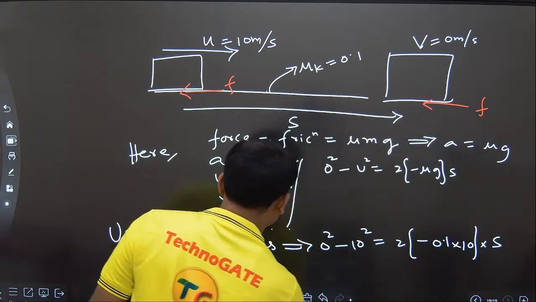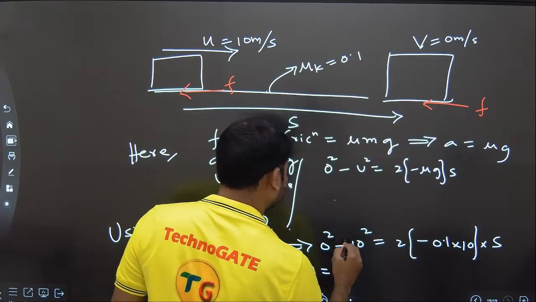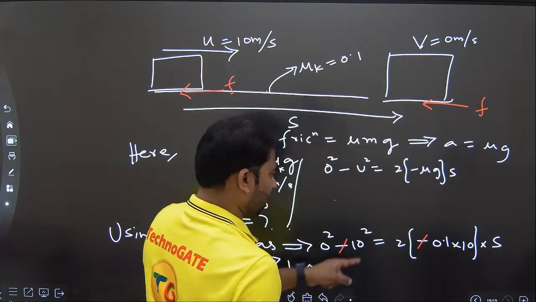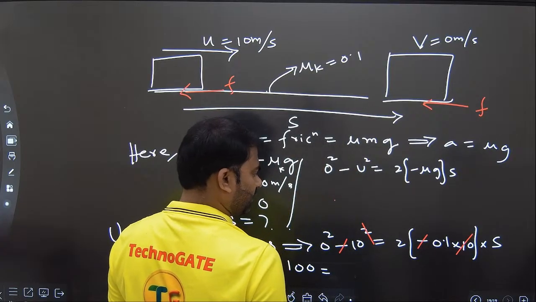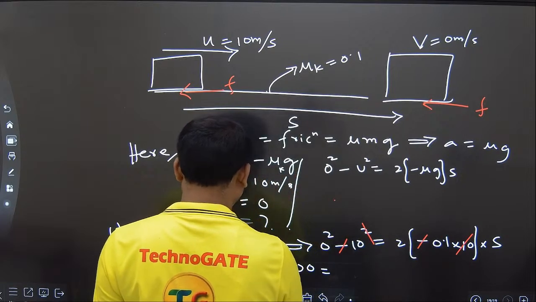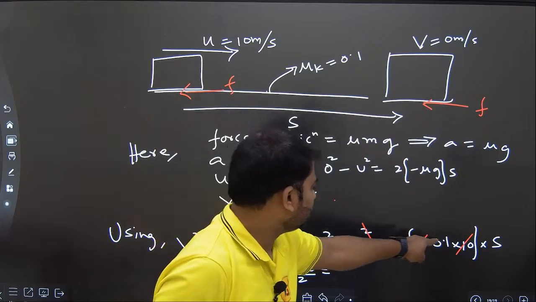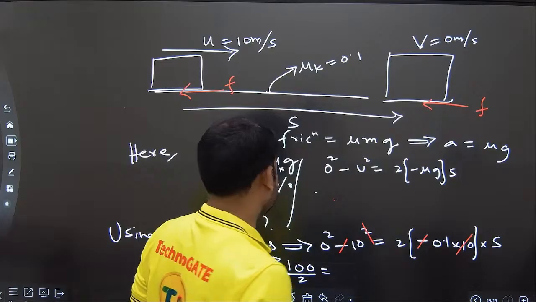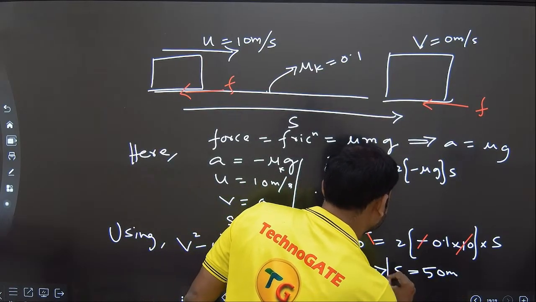So simplify this. 100 is equal to, this negative sign will go off. Here one 10 cancels and another 10 cancels. What else can we do? Here 1/10, 100/2 will come. This means s value comes out to be 50 meters.